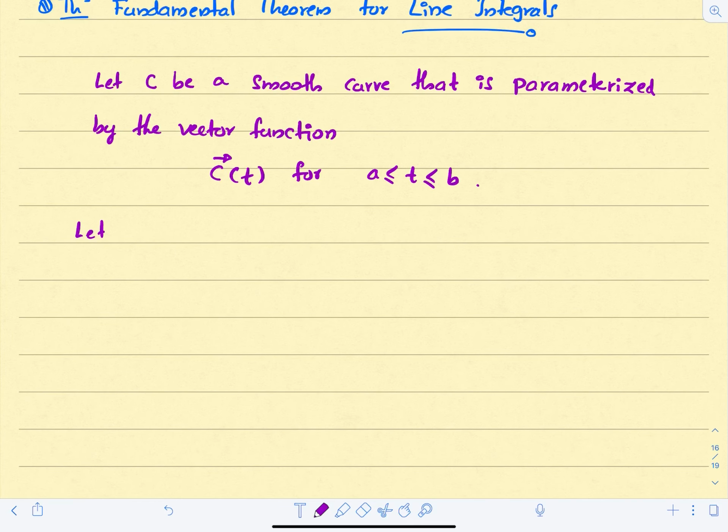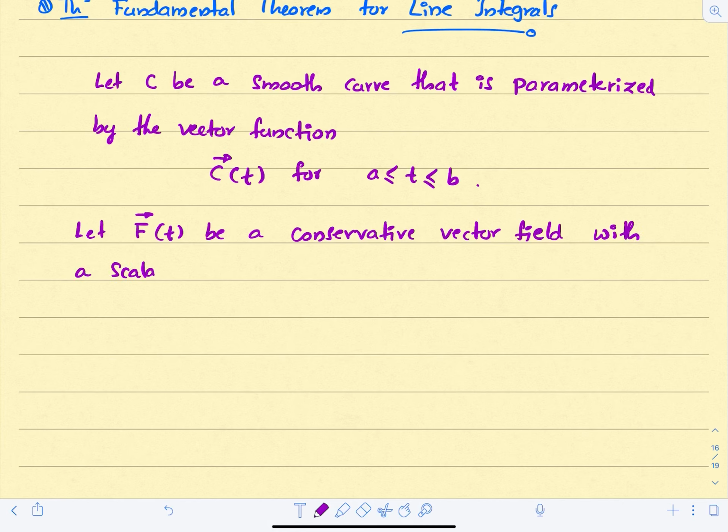Let's define the vector field. Let F be a conservative vector field with a scalar function little f.